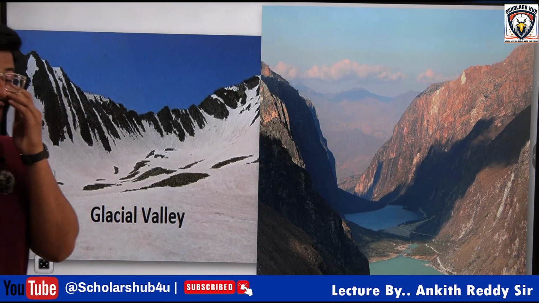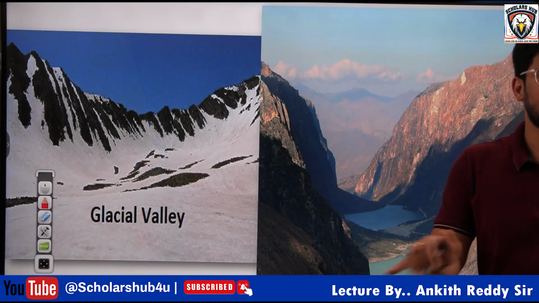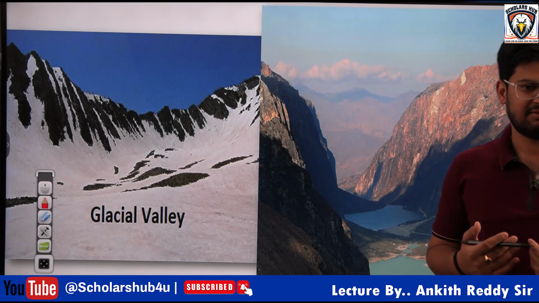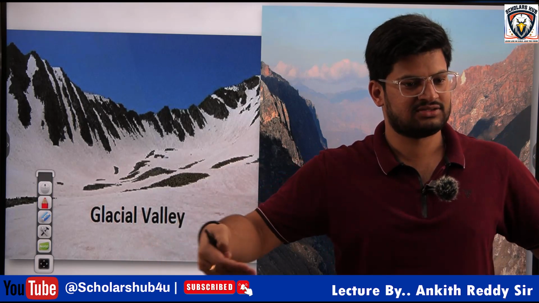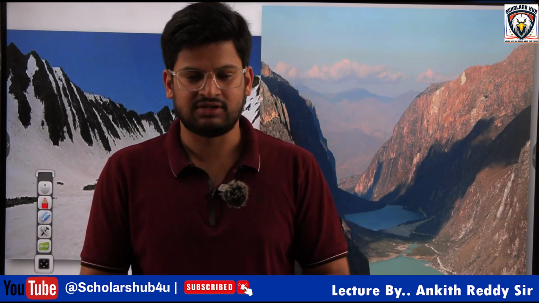Now how are these U-shaped valleys formed? See, when the glacier moves, you know that the glacier is not a fast-moving thing. It moves very slowly. So instead of doing only vertical erosion, it will do vertical plus lateral erosion. That's why U-shaped valleys are formed. A river does V-shaped erosion, more downward. But glaciers move slowly, right? So it will erode the sides as well as down.